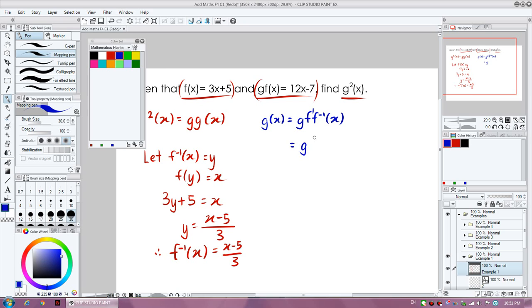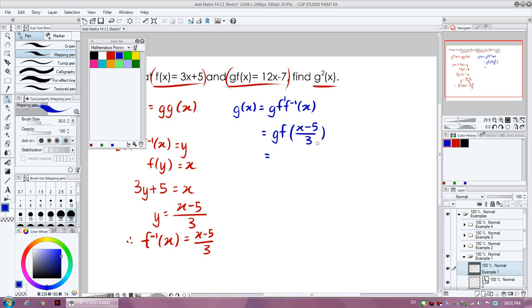So g f f negative 1, which is x minus 5 over 3, equals gf(x), which is 12 times x minus 5 over 3, minus 7. After some quick calculations, it will be 4x minus 20 minus 7, which is 4x minus 27. So now I found g(x).